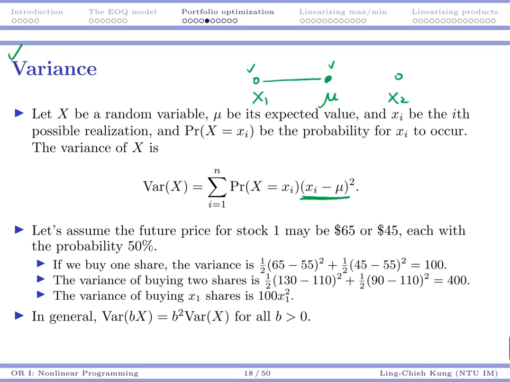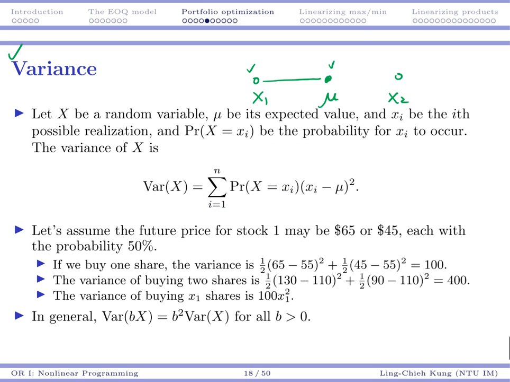For each possible value, we get some distance from it to your expected value. We square this distance and then take a weighted average according to the probability. That's variance.